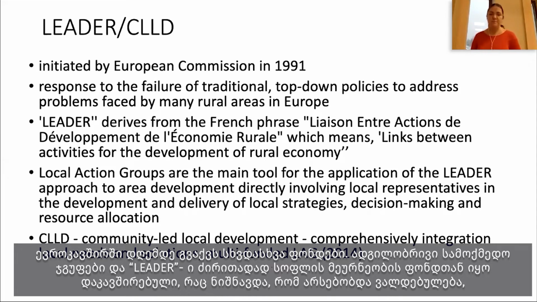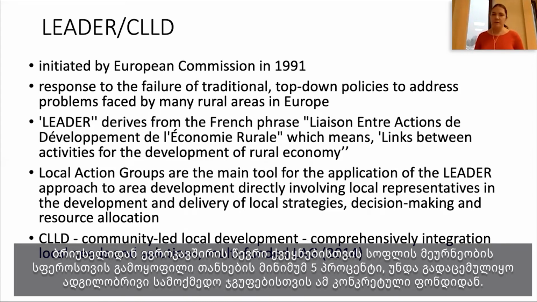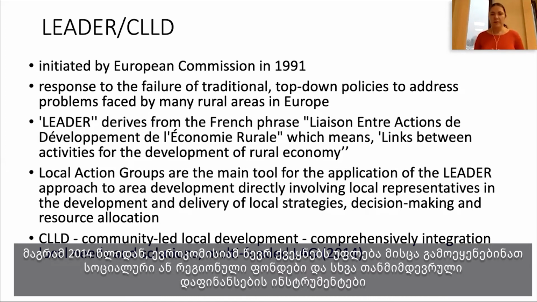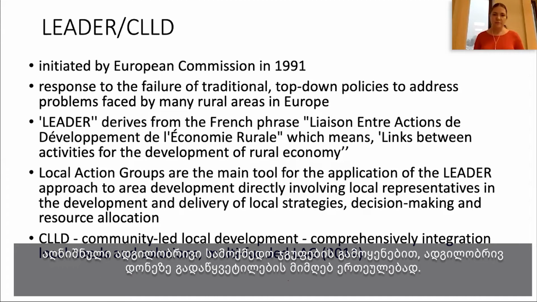There was an obligation that at least 5% of all the euros given from Brussels to the member states for agriculture and rural issues had to be given to the LAGs from this particular fund. But since 2014, the European Commission allowed member states to use, for example, the social fund or regional fund and other cohesion funding tools, using those LAGs as decision-making units on the local level.